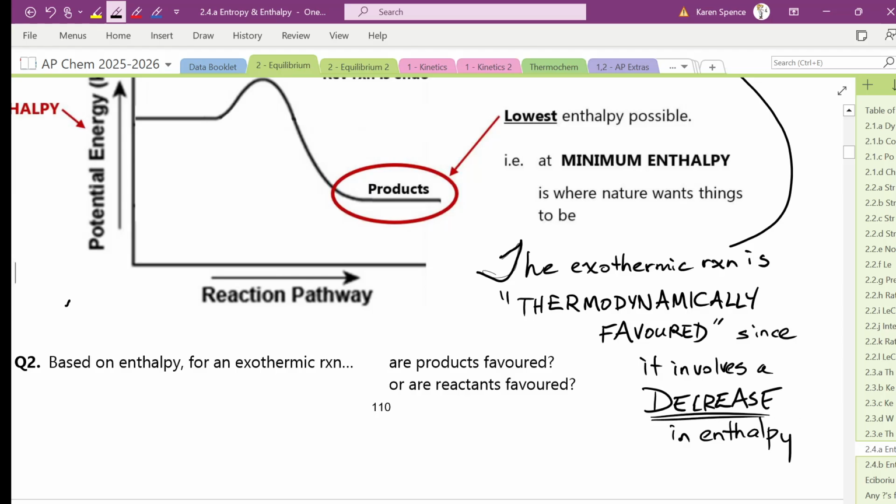And if you think of enthalpy as potential energy, that makes sense, right? What does nature like? It likes a decrease in potential energy. The ball likes to roll down the hill, okay? This right here is AP language.